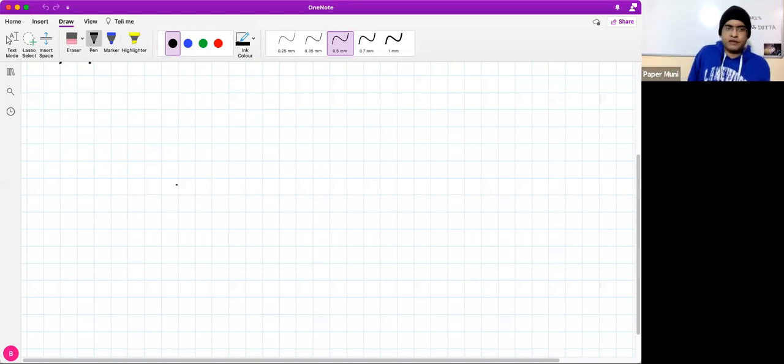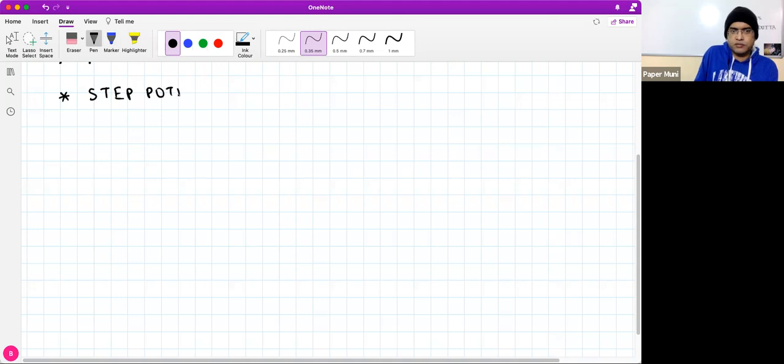So if we have this potential, let's draw this again and write it down here: the step potential. We are continuing the discussion, continued from the previous lecture.